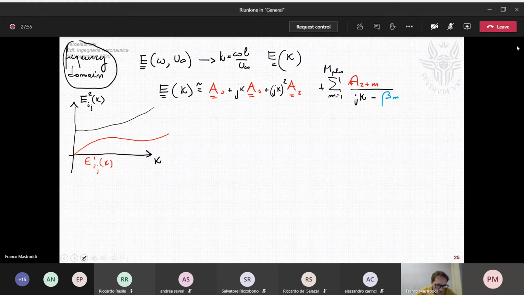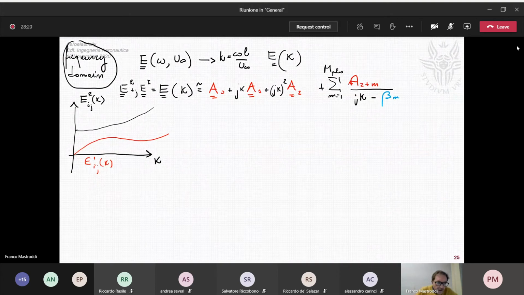So I'm assuming that our aerodynamic matrix, a complex valued matrix, is decomposed in a real part plus j times an imaginary part matrix, both functions of k.